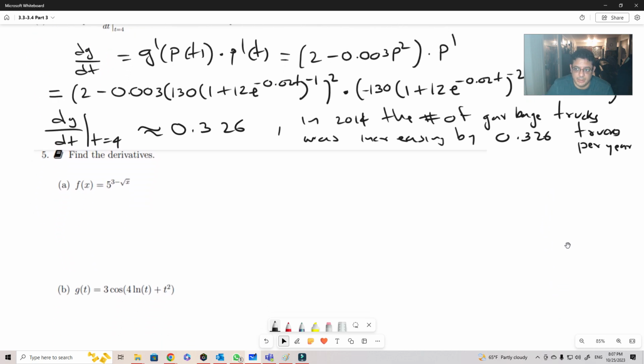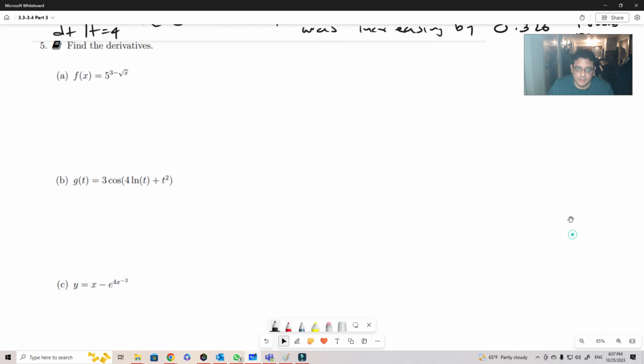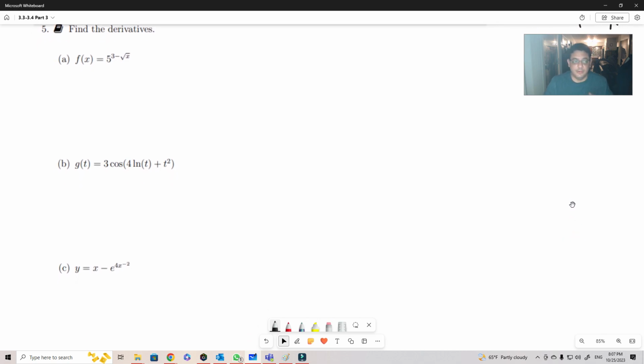Okay, so now let's move on to some examples where we find some more derivatives via the chain rule. Here we have f of x equals 5 to the 3 minus the square root of x. You can see this is 5 to this certain function g of x, and so in this way f prime of x will be just 5 to the g of x times g prime of x.